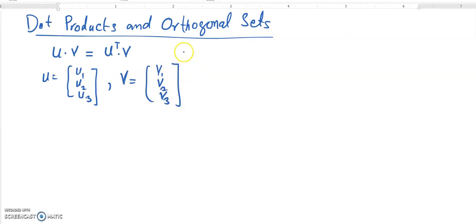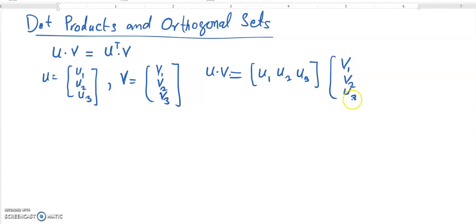Okay, so these are the two vectors. Then u dot v will be equal to the transpose of u, which is u1, u2, u3, and then v, which is v1, v2, v3.